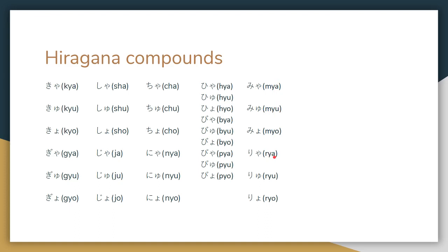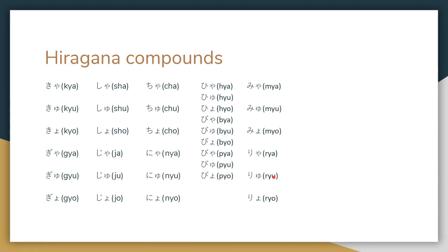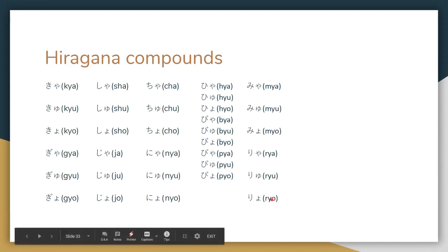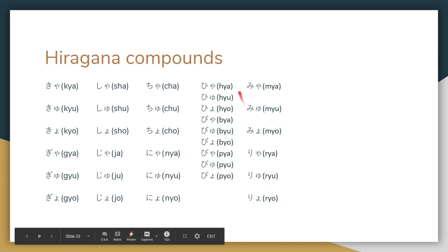It's really hard to say because I keep saying ryu and ryo. Ryu is ryugakusei, that means international student, and ryoko or ryokin, that means travel and fee.